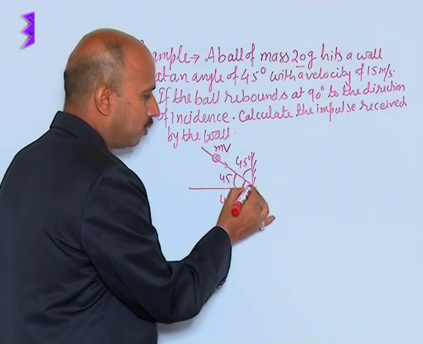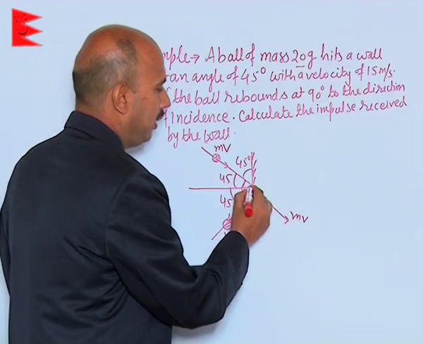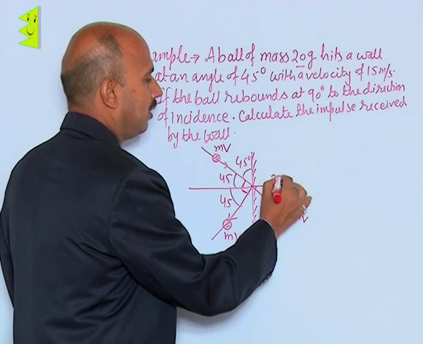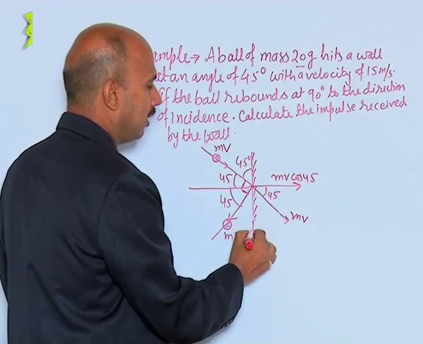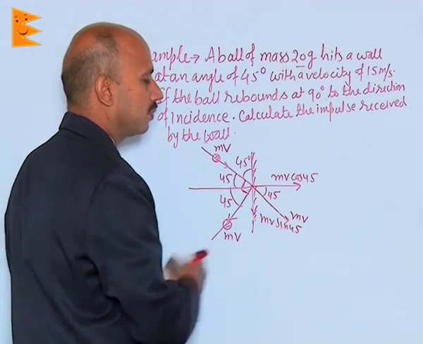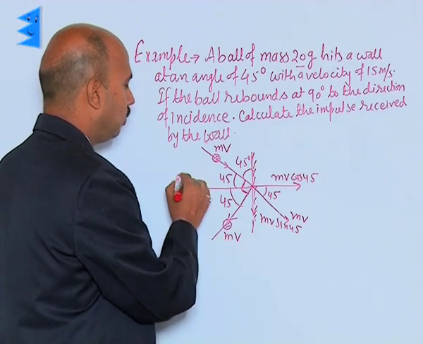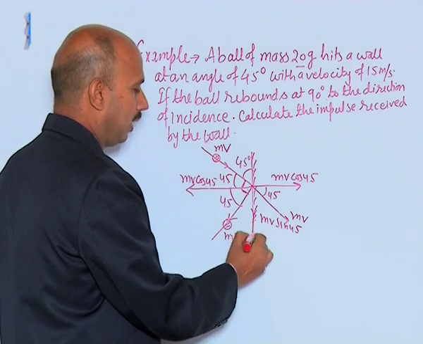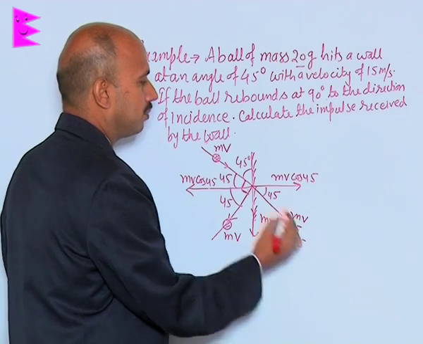What happened here? First we take this side, this momentum is here. We take two components, this is 45 degree, it is mv cos 45 and this side is mv sin 45. Similarly, this momentum we take one component to this side, mv cos 45, and downside here mv sin 45.